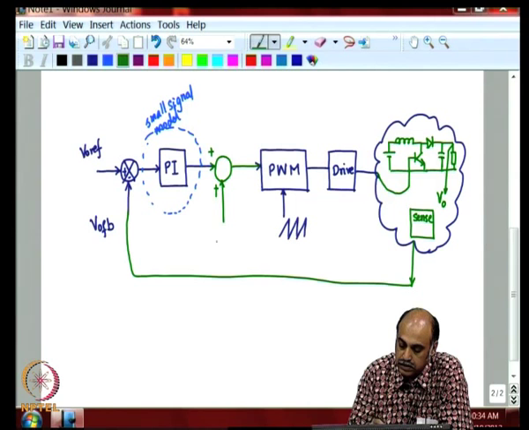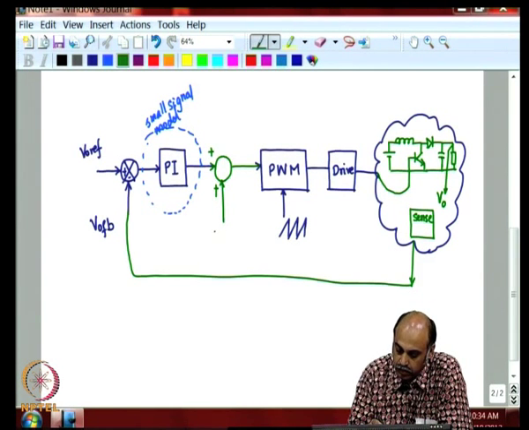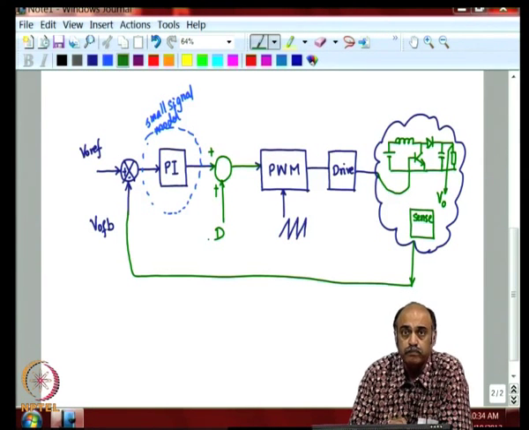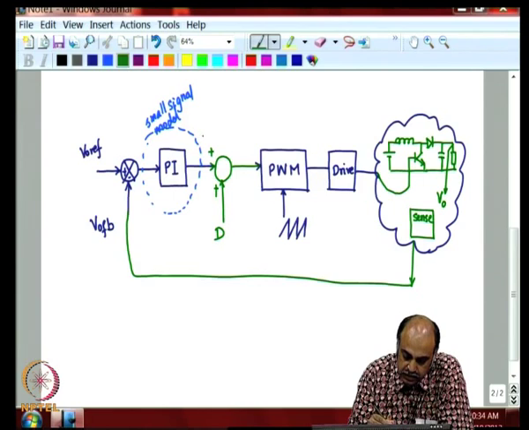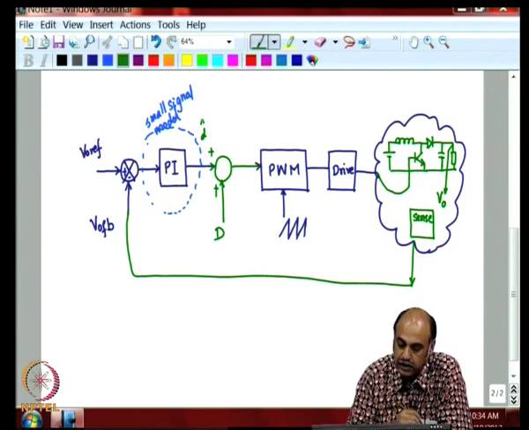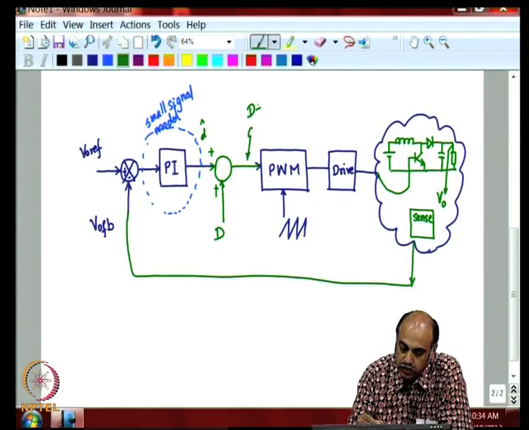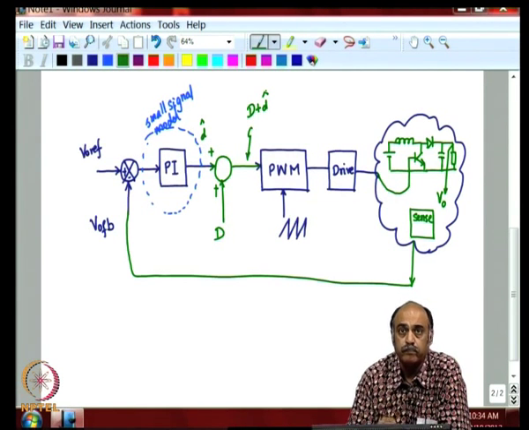Now, let us say this represents the voltage corresponding to D, and this represents the voltage corresponding to D hat. So, what you would get here is the voltage corresponding to D plus D hat.